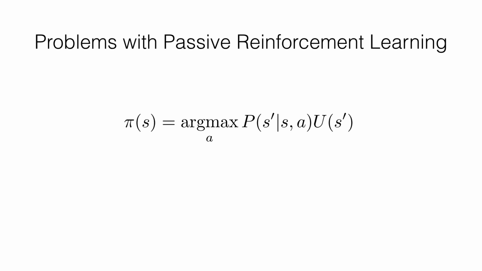But with ADP, we're estimating the transition probabilities, but we don't really have a very good estimate, because all we can sample are the transitions that happen when we take the actions according to the fixed policy that the robot is running around implementing, and that means that we have a very limited sample of what the transitions will be for any action that's not in that original policy.